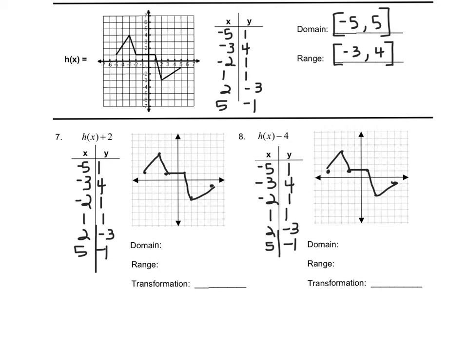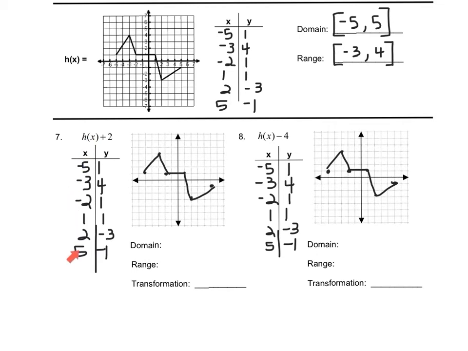Okay, now that we have that, I want to try to explain this in another way. Notice what this new rule is telling me. It is telling me to take my h of x value and add 2 to it. Remember, this is my input, so this is the x.